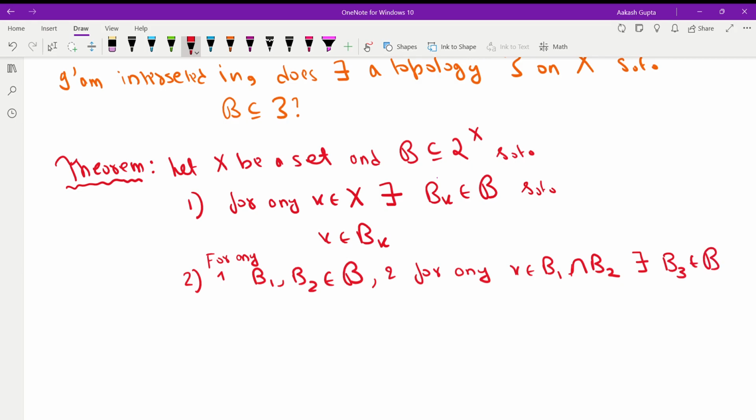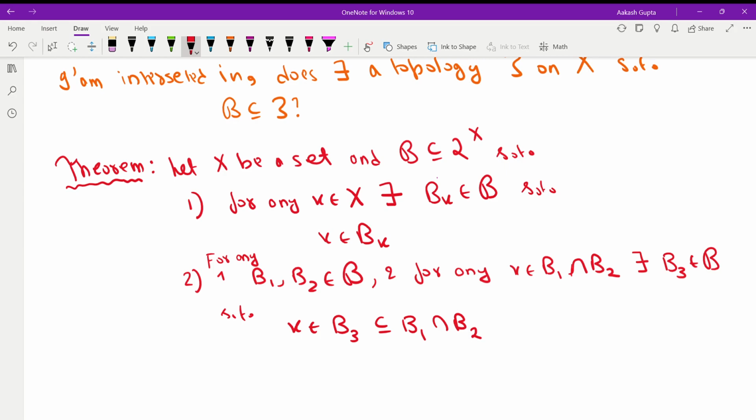Of course, this third member depends upon B1, B2 and x. I'm not writing suffixes because there would be too many things to write, but wherever necessary, we may write them. So, for any x in B1 intersection B2, there exists a B3 such that x belongs to B3 and B3 is contained in B1 intersection B2. This is the second property.